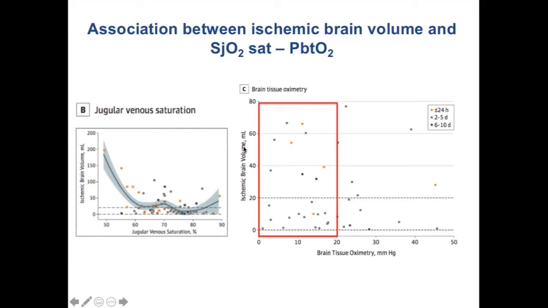And what about the association between PbtO2 and ischemic volume? Below 20, which is an accepted threshold, there's not that great a relationship. So I think that all these systems provide complementary information.